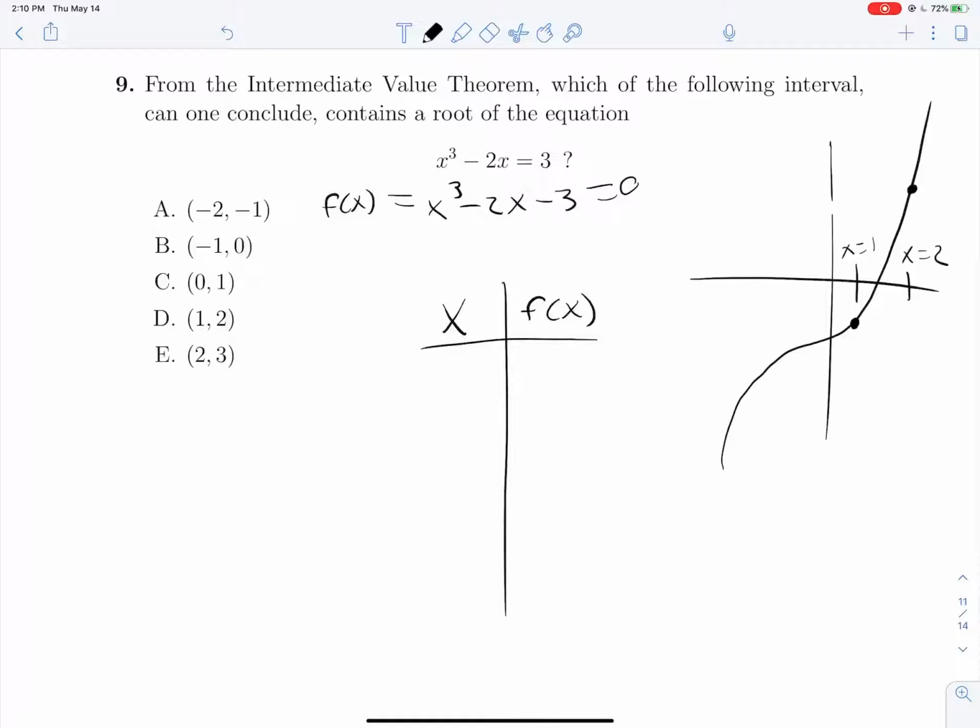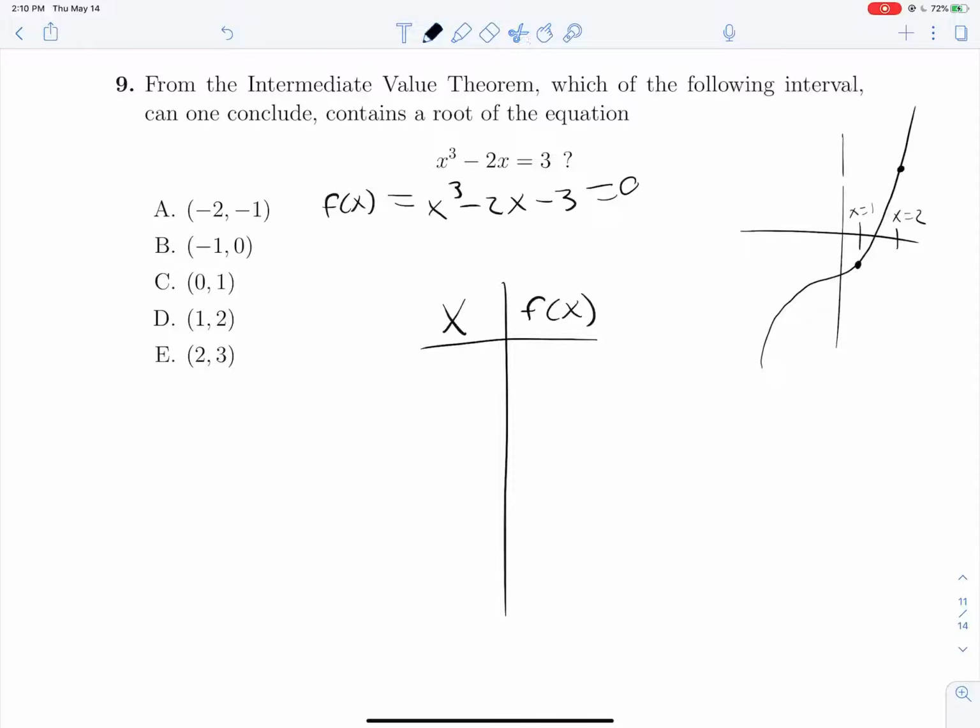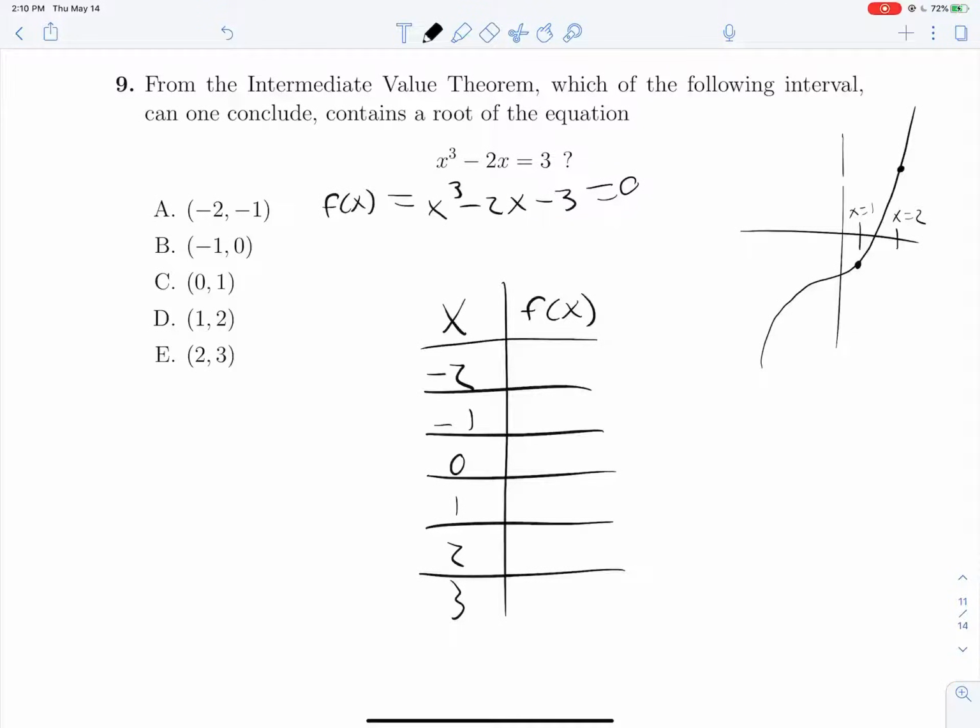And that means that at some point, because our function is continuous in between, it must have gone through y equal to 0. And so we can use that fact to our advantage. It looks like our answer choices are dealing with intervals between -2 and 3. So let's find all of these f of x values.